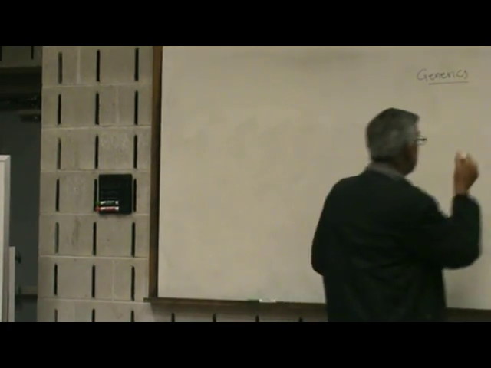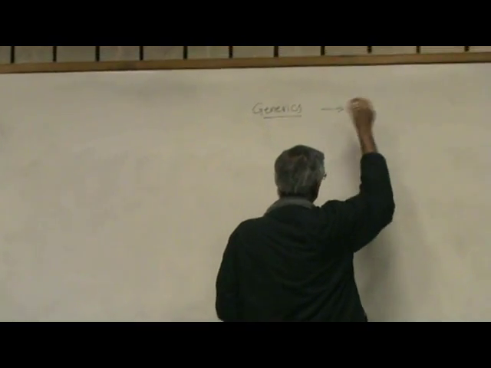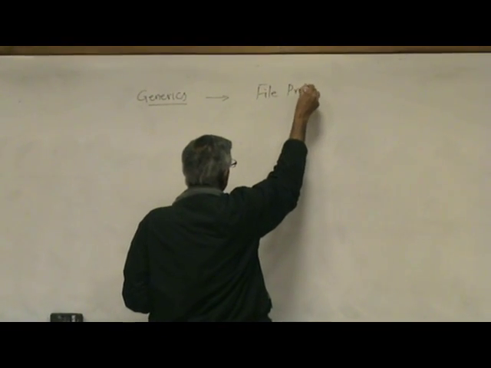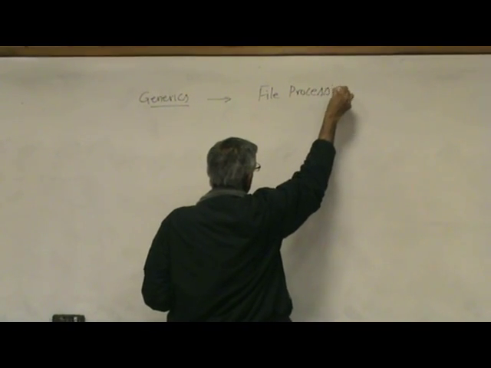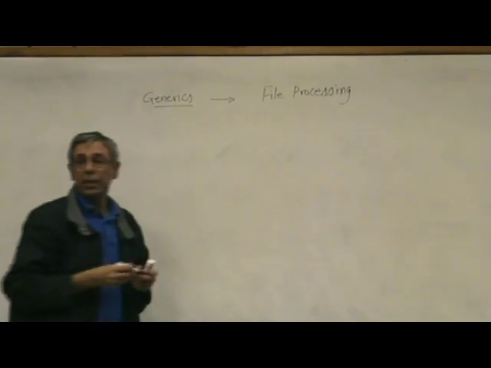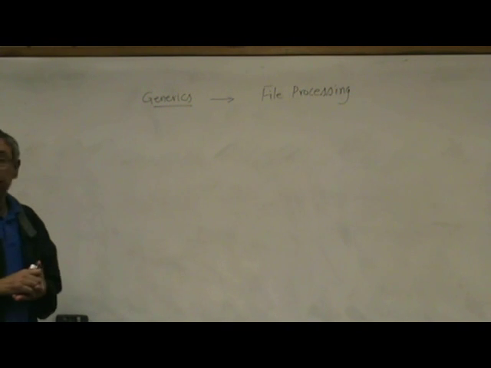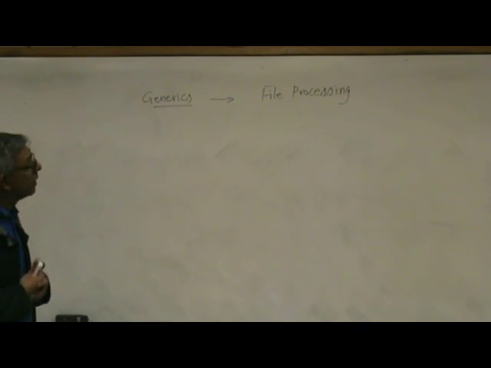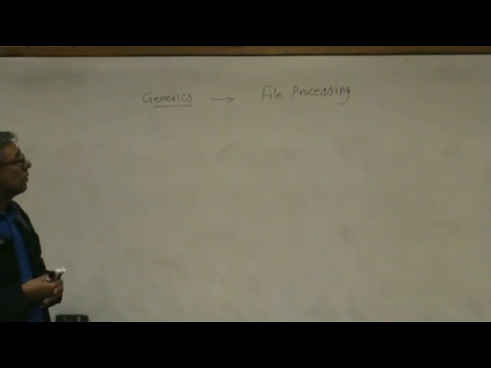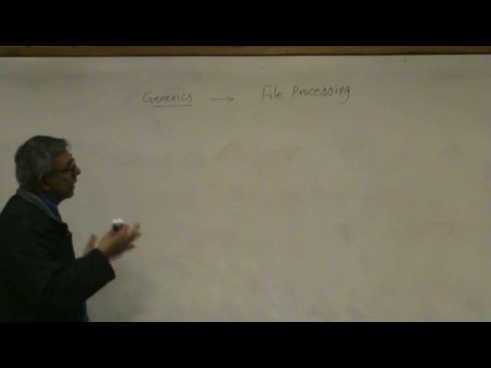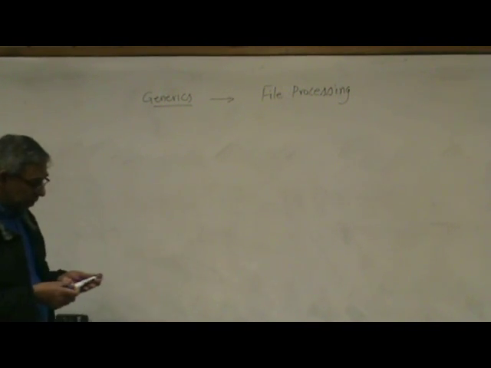The next topic that I'd like to briefly go over is file processing. Reading data from files and writing to files is a fundamental need, and we run into it in many scenarios. So how do we read and write data to a file using C#?